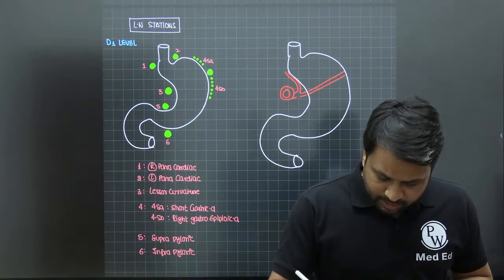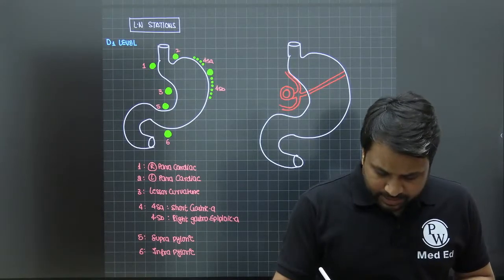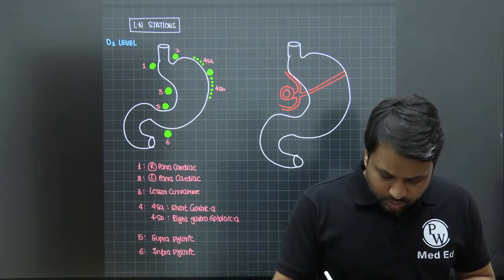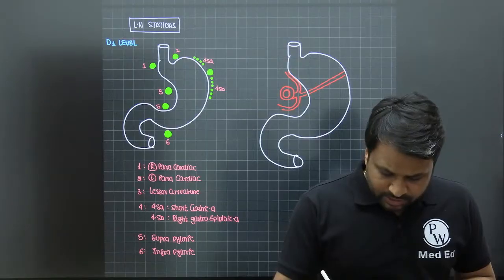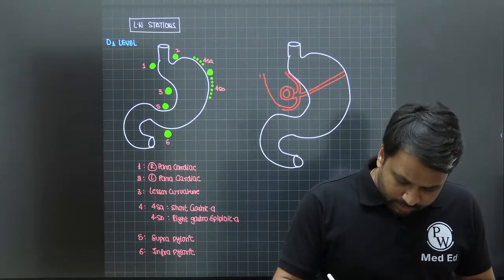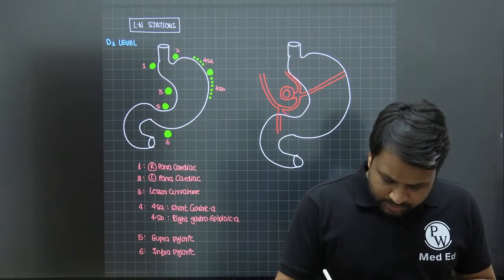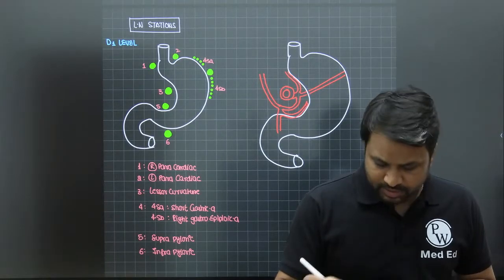This is your hepatic artery, which gives rise to two important components. One, obviously, is the gastroduodenal artery, but this is your common hepatic artery. That was the hepatic artery proper. This is your gastroduodenal artery, which is going here. It's going to be a right gastric artery, which we already discussed.